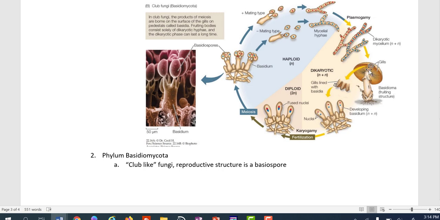Then this fruiting body again releases spores, and the process goes on. The reproductive life cycles of these fungi can get pretty complex, so we're just going to focus on what the structure looks like, and recognizing that club fungi have this classic shape.